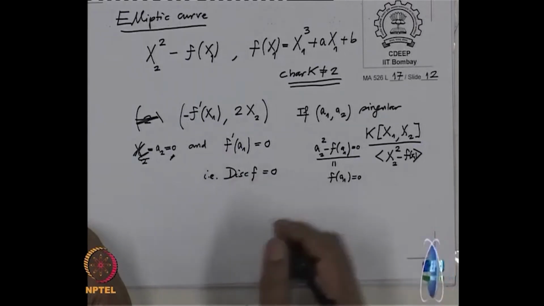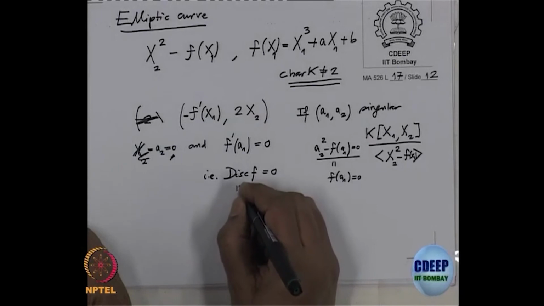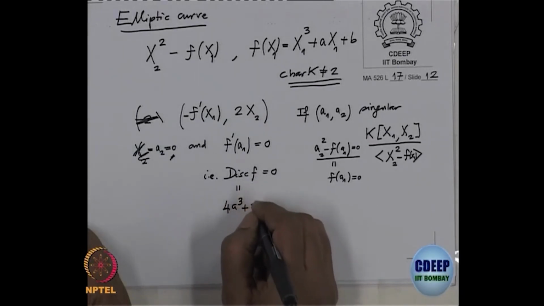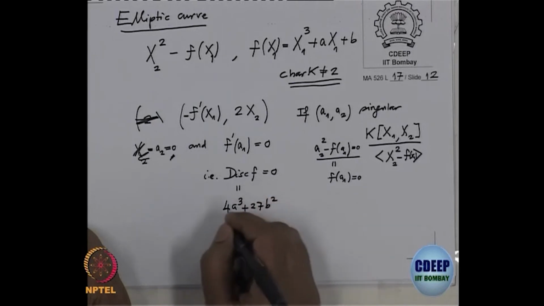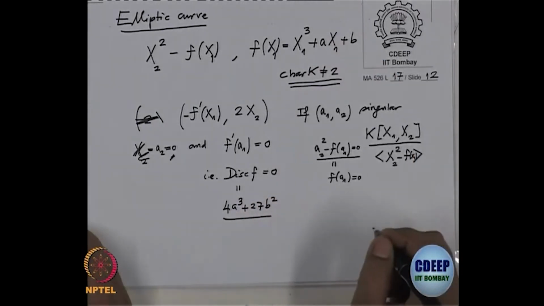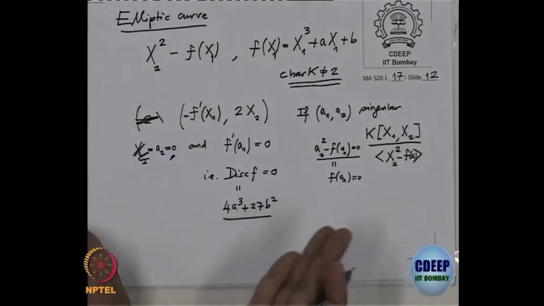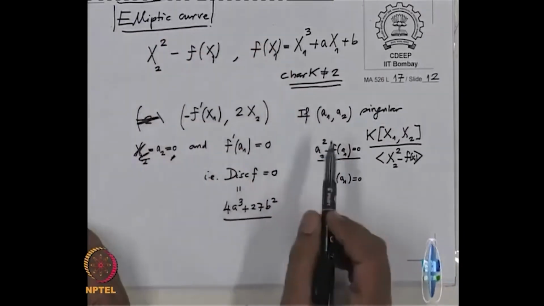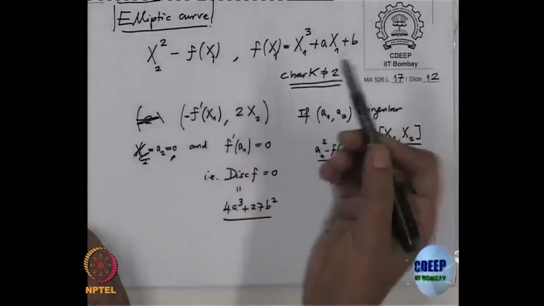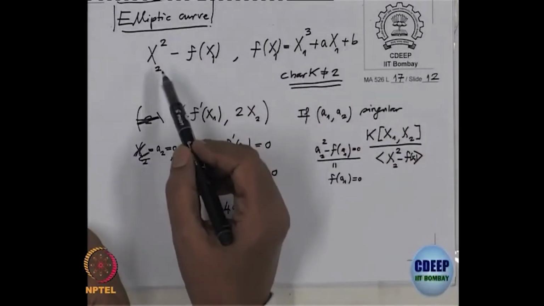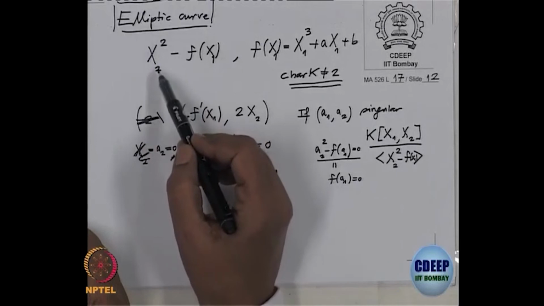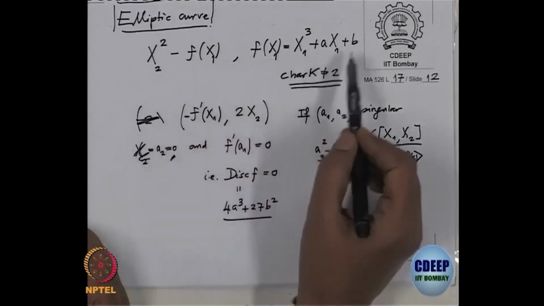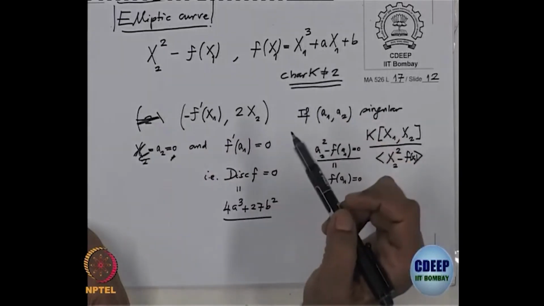So discriminant f is 0, but what is the discriminant? Discriminant is 4a cube plus 27b square, that is the discriminant of the cubic equation. So such a curve is called an elliptic curve. You would probably learn somewhere that elliptic curves are precisely x2 square equal to a cubic polynomial with distinct zeros.